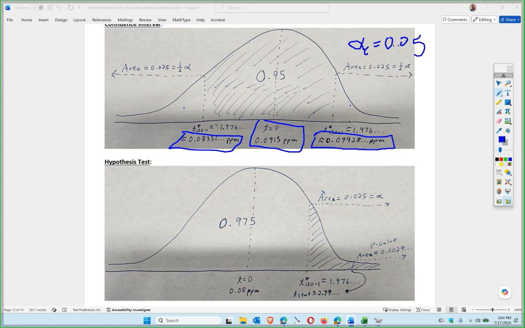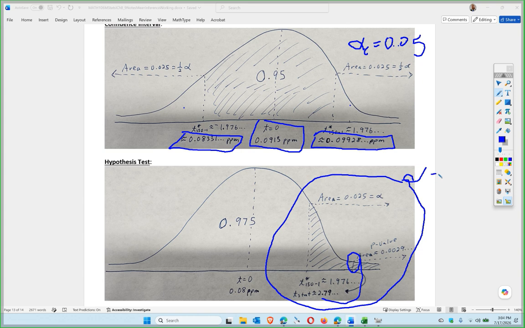It's the same value down here, but it's only a single tail. And now we're going to put t-stat on here. You notice t-stat is way over here, which means it actually made it into the shaded region, which is outlined by alpha. And now alpha is only half at this point, so the alpha of the confidence interval is 0.025, right? Not the same alpha. It's actually different because it's a one-tailed test.